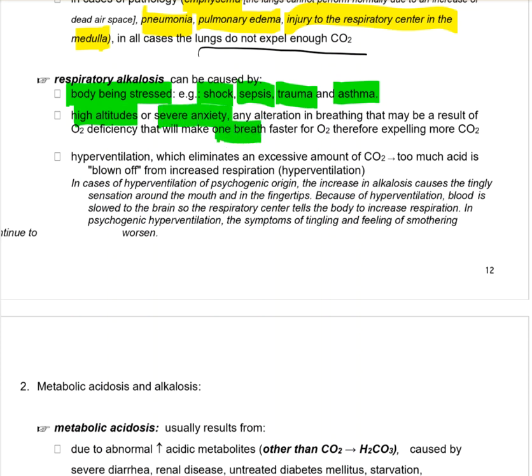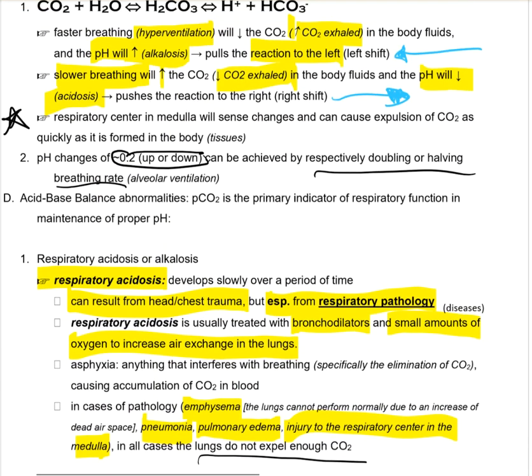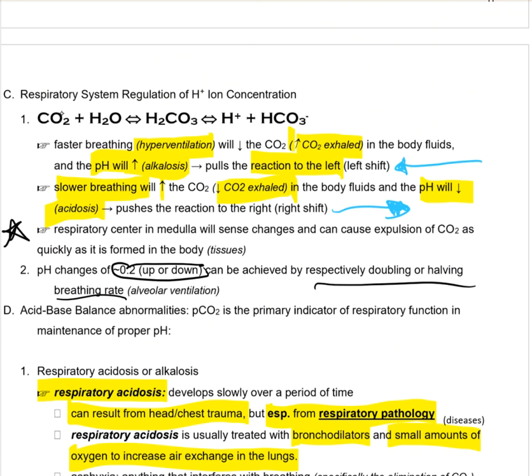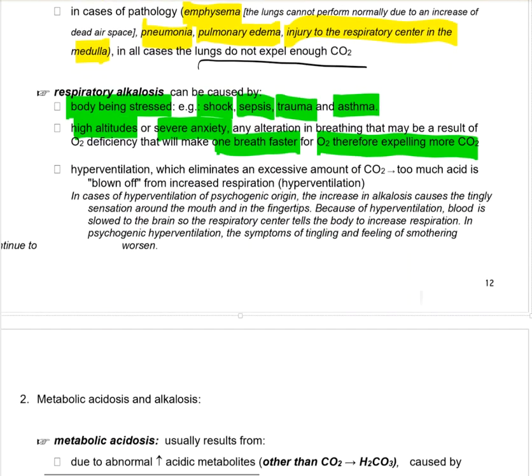If we breathe faster and expel more CO2 to get more oxygen, but we expel too much CO2, we can get into respiratory alkalosis, because remember, we're going to run the equation to the left if we do that, and we're going to take out so much of this acid that our pH is going to go up instead of down or stay the same.